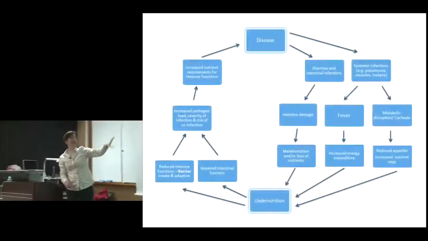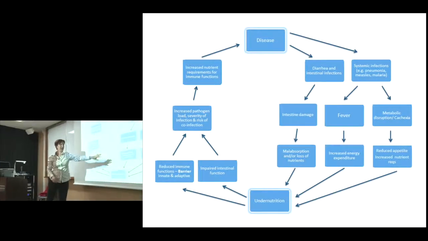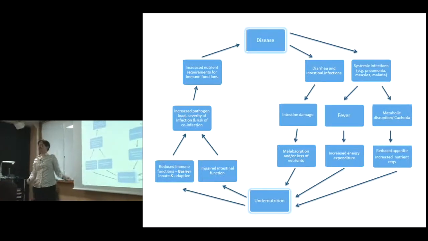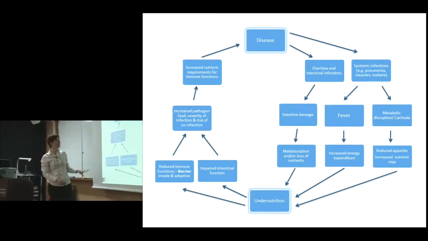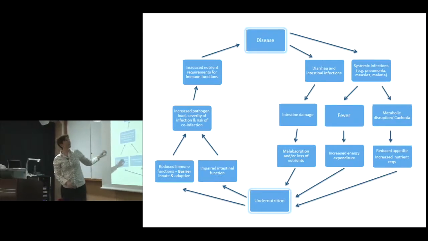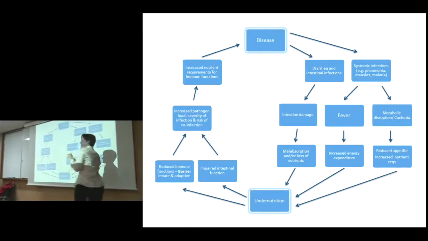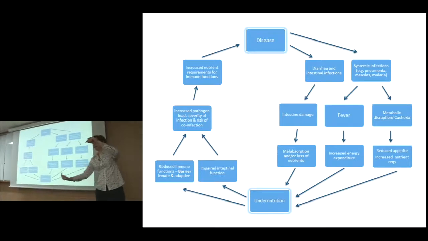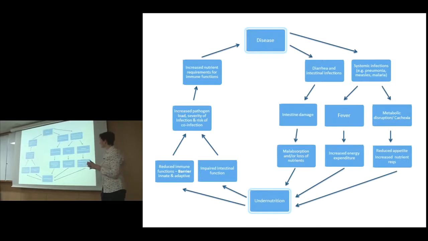So I think pretty much everyone came to these things by themselves or with chatting with myself or Aiko-san. I like to think of it like this, potentially. In a high-income, good, clean environment, normal, healthy children get sick, that's normal, but they have time to recover and recover their nutritional status before they're hit with another infection.